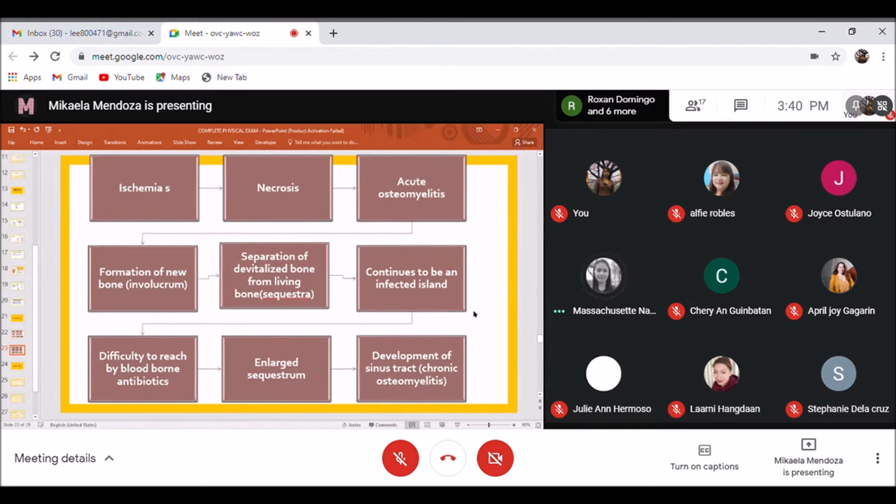And regarding our case study, Enterococcus faecalis bacteria entered. Enterococcus faecalis is a bacteria found in feces.